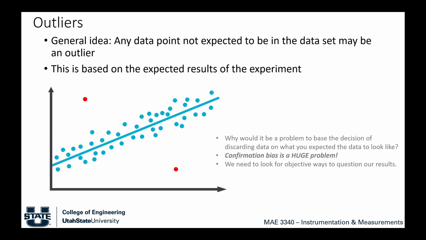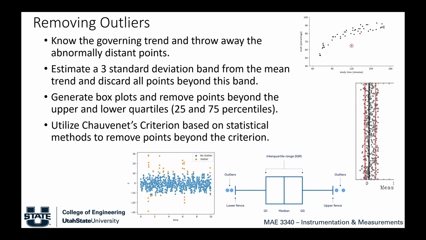We're confirming that bias that we want to remove data so it looks better. So we want to be real cautious of throwing out data, especially if there could be some confirmation bias happening. We need to look for objective ways to throw out these results or these outliers.